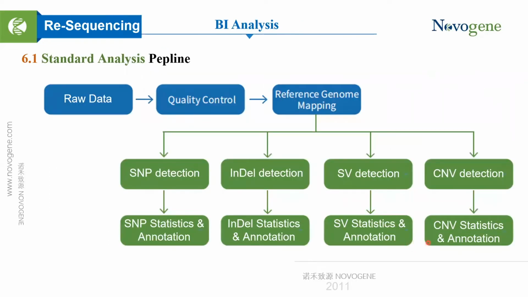And here I present our standard analysis pipeline for animal and plant whole genome resequencing. The effective clean data after quality control will be aligned to the reference genomes and enable variation calling, in which the statistics and annotation of variants are offered.